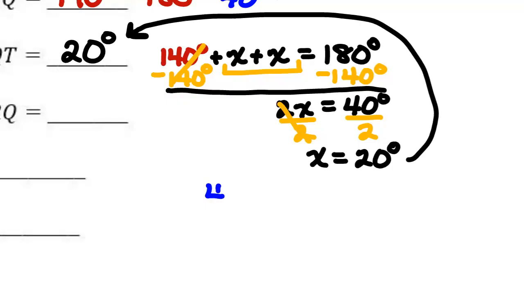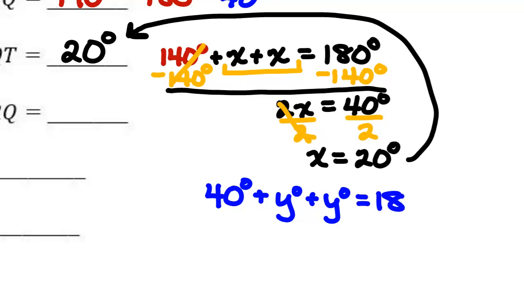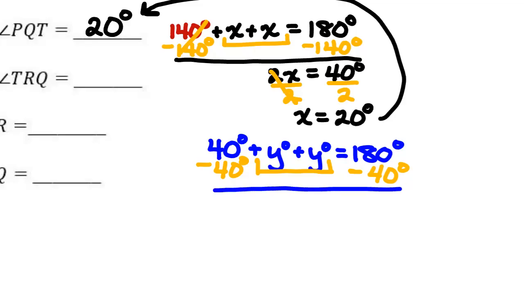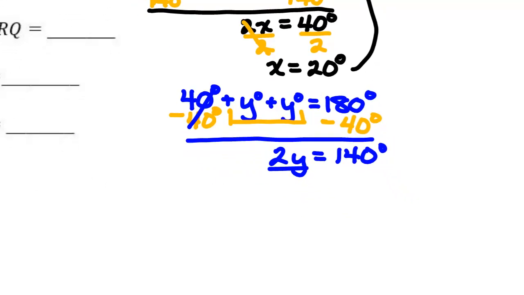So I know 40 degrees plus my two other angles, y plus y, equals 180. So we're going to combine our like terms. We're going to combine our y's together at the same time that we subtract 40 degrees from both sides. So that would cancel out over here. I would have 2y equals 140 degrees. And so how big is y? 70 degrees, yes.